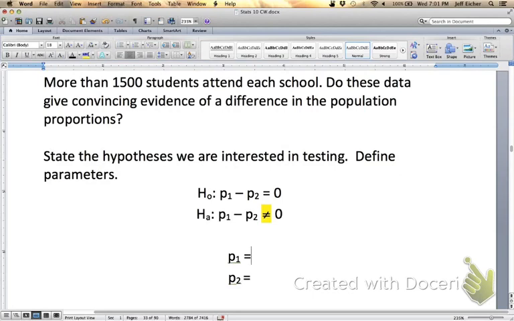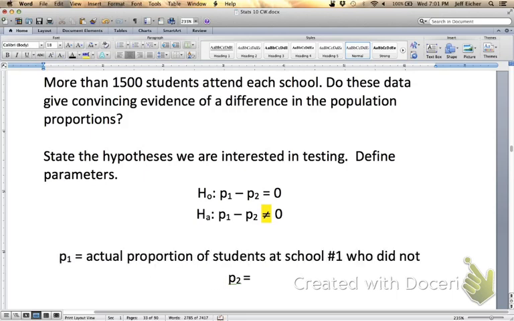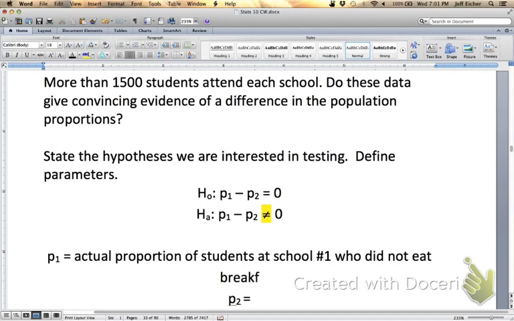Defining the parameters. I suppose in this case it doesn't matter which one you define as which, since it's not equal to. Not really given enough information to say, is this don't eat breakfast regularly, don't eat breakfast on a particular day.